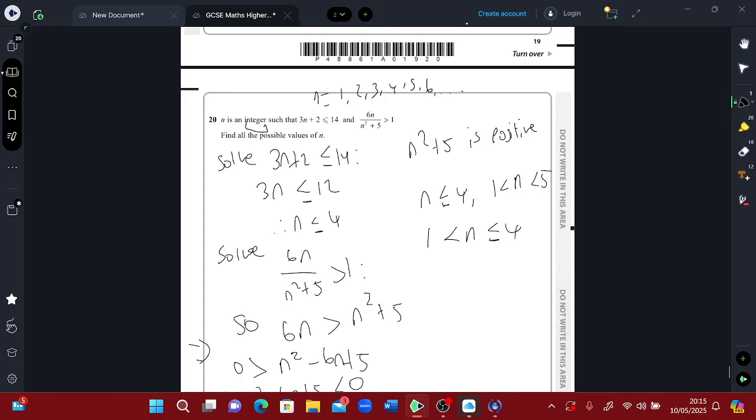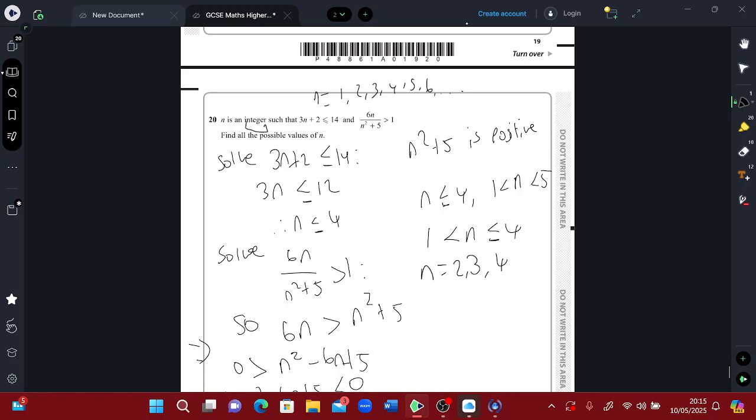Well, n can't be 1 because it has to be strictly above 1. 1 has to be strictly less than n. So n cannot be 1. It can be 2 because 2 is between here. So n can be 2. n can also be 3. That's still between 1 and 4. But also it can be 4 because it's less than or equal to 4. So 4 is less than or equal to 4.